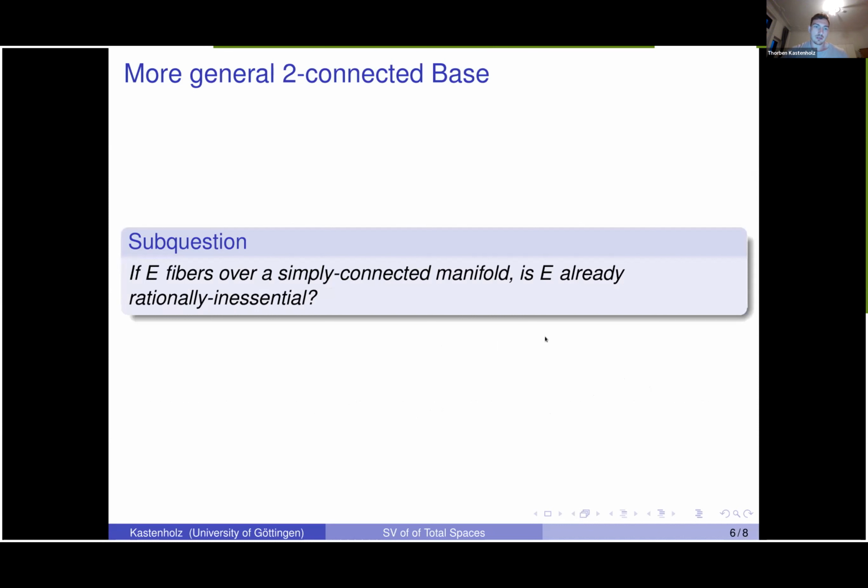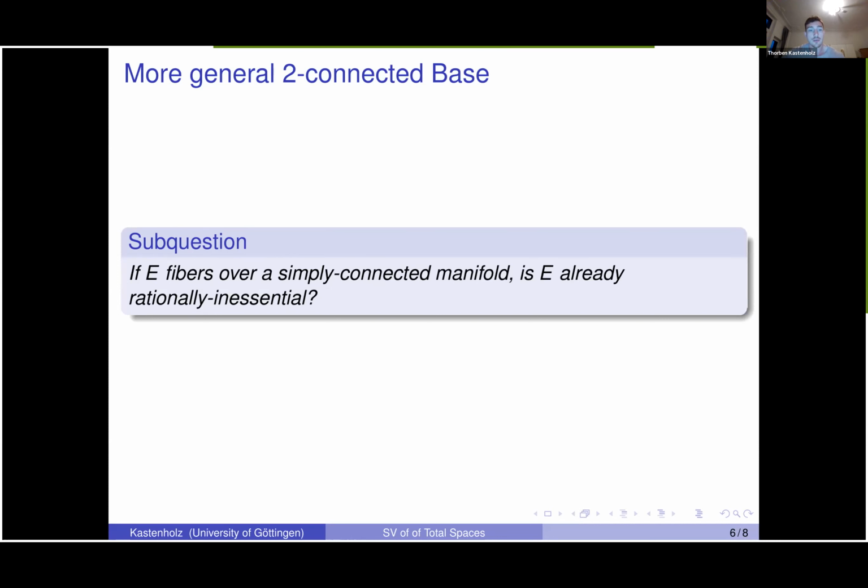But now one can ask the stronger question: if something fibers over a simply connected manifold, is it already rationally inessential? Where of course being rationally inessential is stronger than having vanishing simplicial volume.